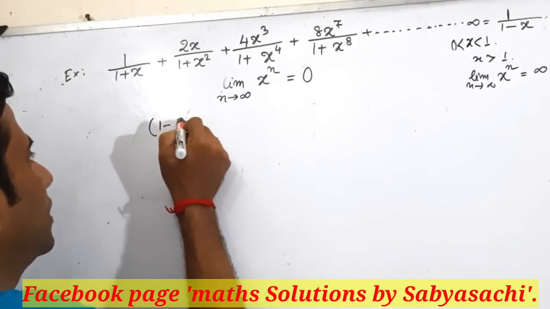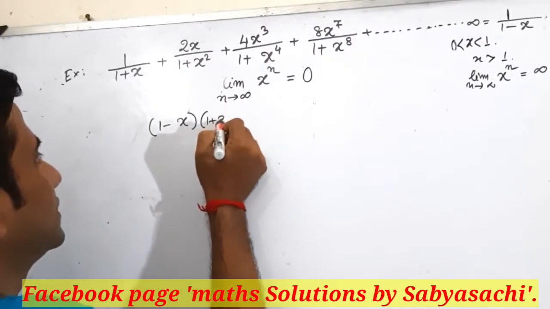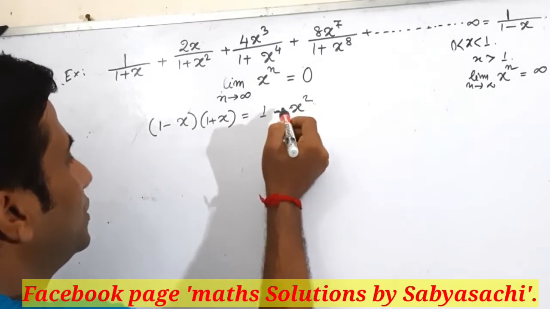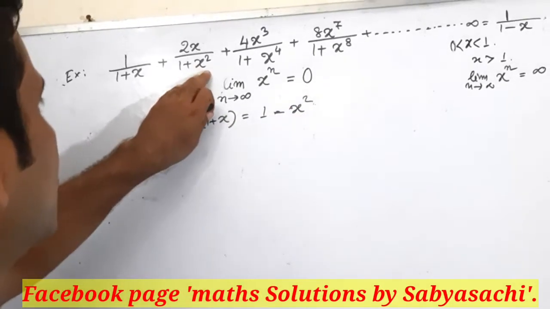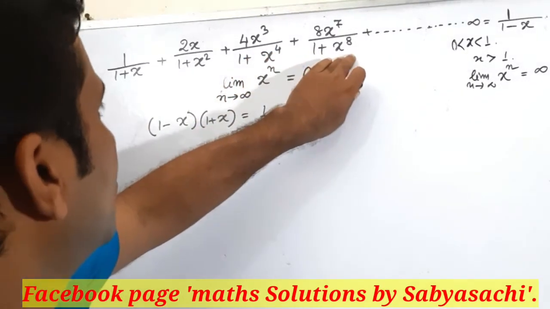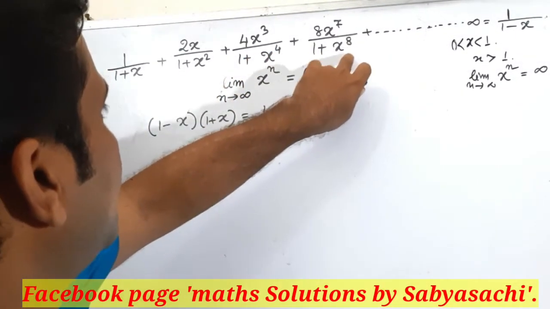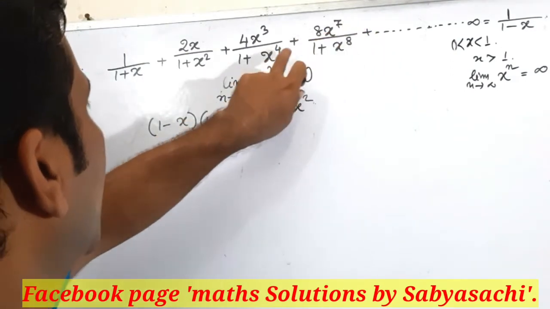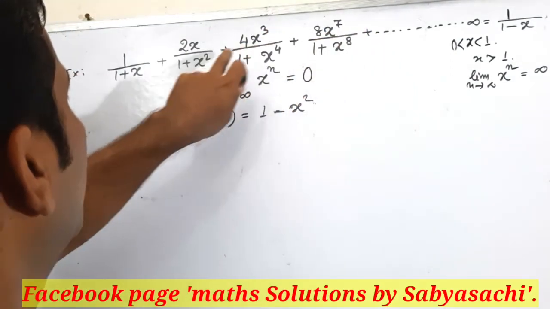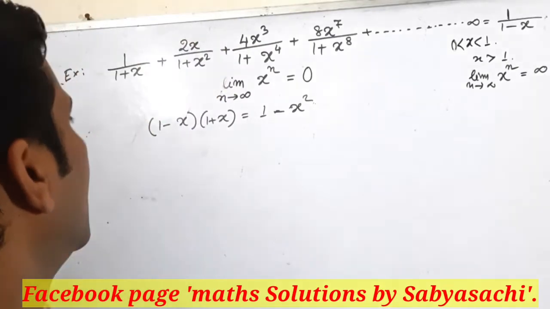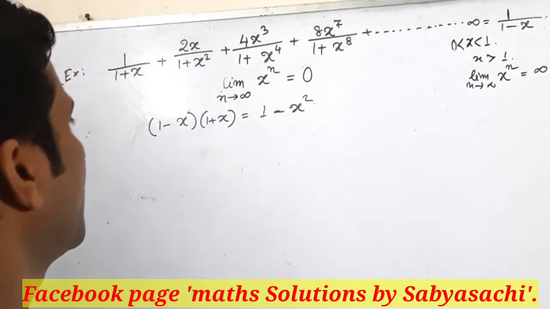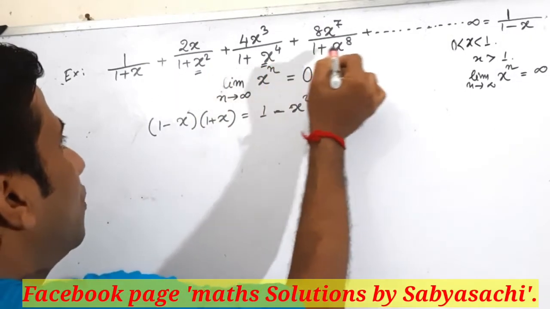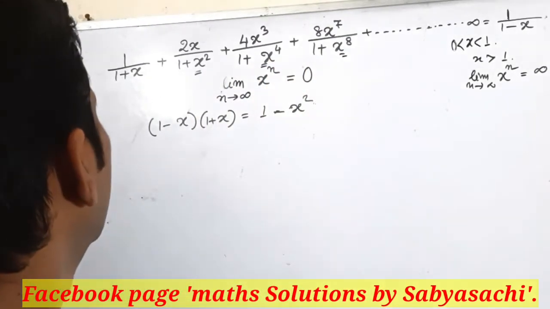Now we know that 1 minus x into 1 plus x is equal to 1 minus x square. Our clue is, this is x square, x to the power 4, x to the power 8, and its differentiation is 8x to the power 7, x to the power 4 differentiation 4x cube, x square differentiation 2x. So what we have to do, these are all even numbers.